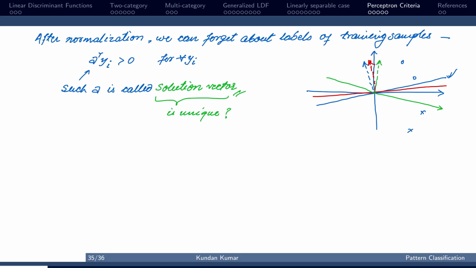So that means we don't have a unique solution vector, and this vector may lie in a region. Okay, we can define a certain region such that the vector will lie in this region. So our observation is that the solution vector is not unique.